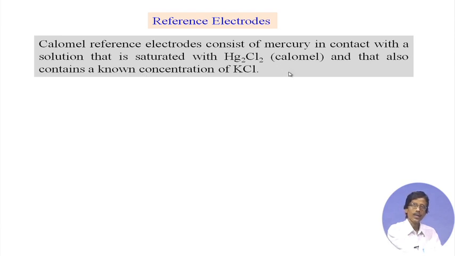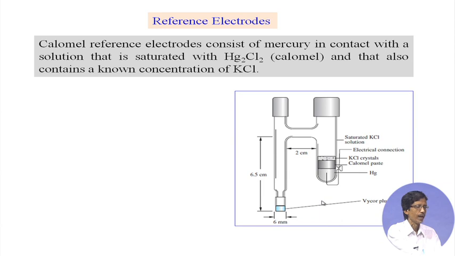The traditional name, or you can consider it the trade name, without knowing the formula, which chemists write as Hg2Cl2, is calomel, and it also contains a known concentration of KCl. So, Hg2Cl2 in the presence of KCl gives rise to the calomel electrode, where you have the mercury in contact with that.